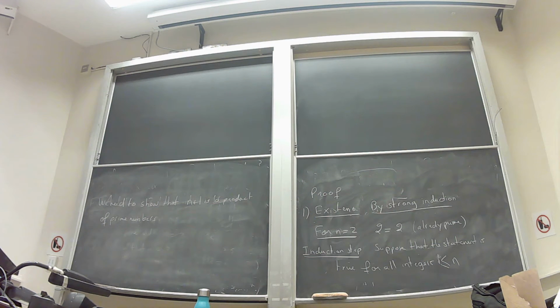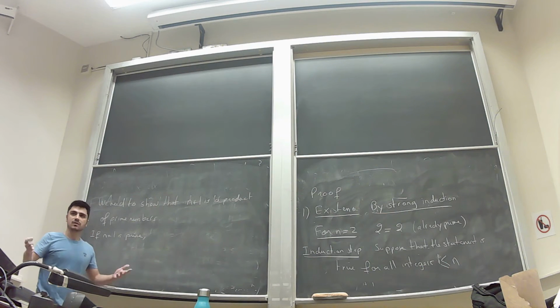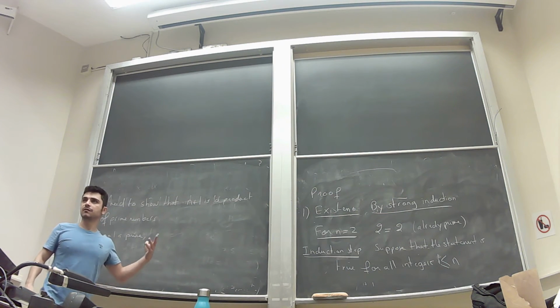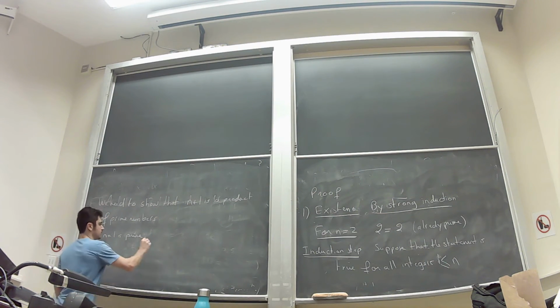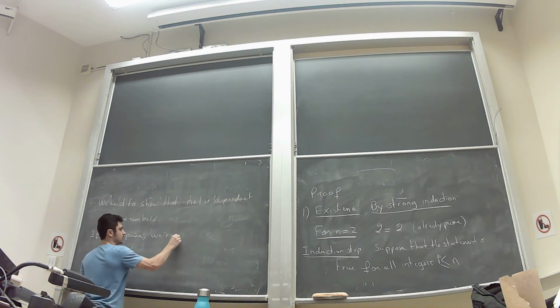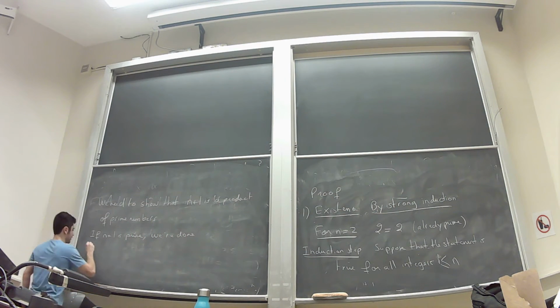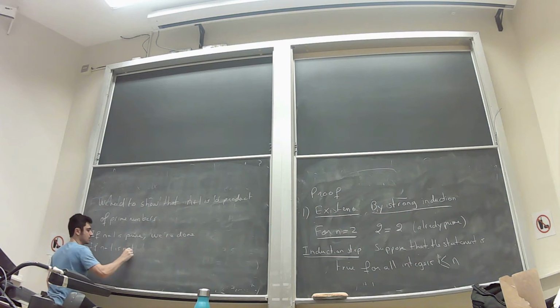Okay? Are we good? Now, if n plus 1 is prime, then we're done. Agree or not? Now, if n plus 1 is not prime, how can I write n plus 1?